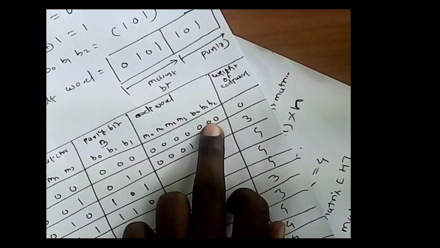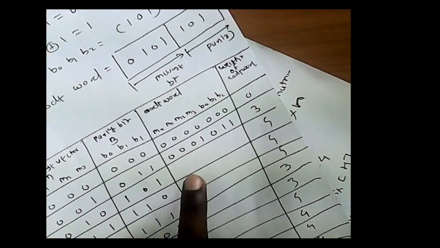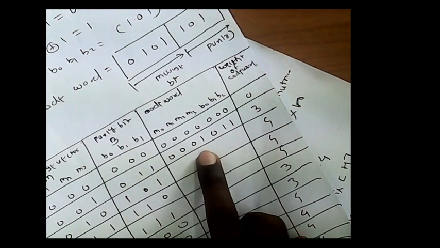So how do we find the weight? The number of non-zero elements in a given code vector is called its weight.